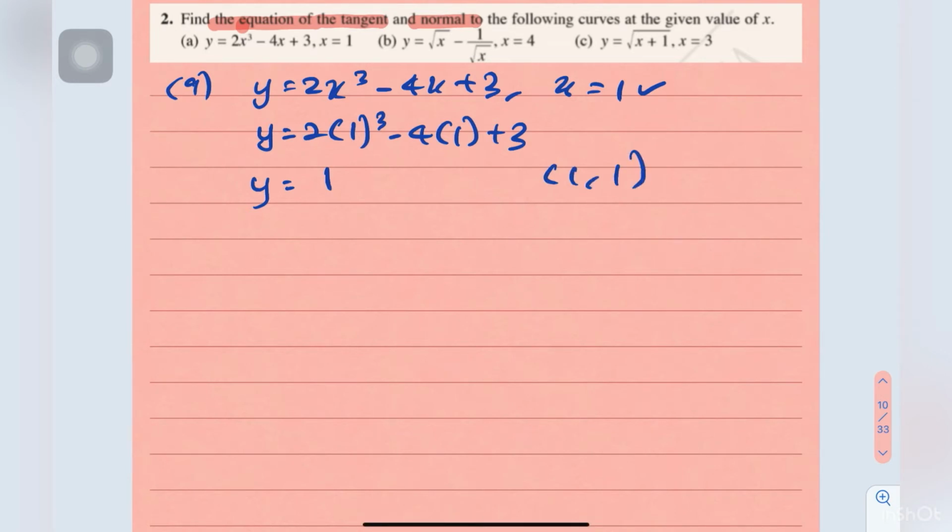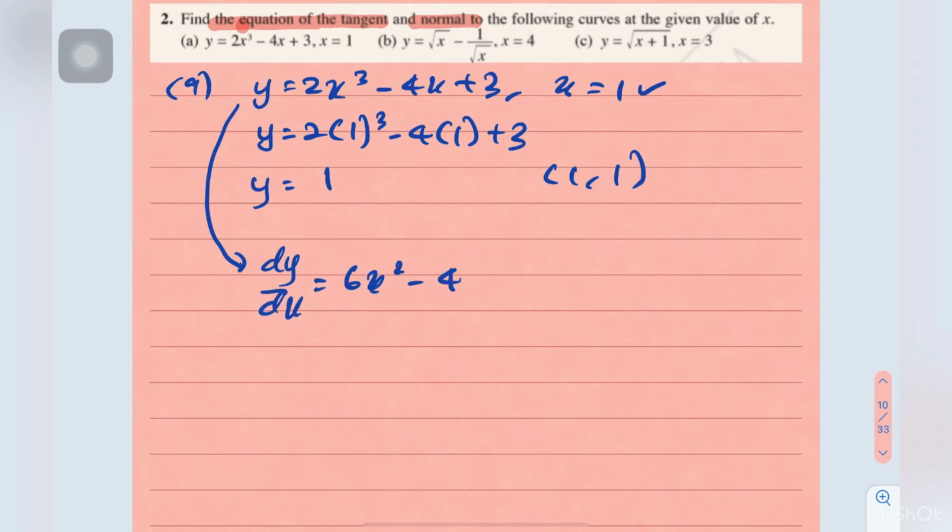Then to find equation of tangent, you have to find the gradient of tangent first. Gradient of tangent is dy/dx. So dy/dx is 6x squared minus 4. Substitute x is 1: 6 times 1 squared minus 4, dy/dx is 2. Then equation of tangent, y equals to mx plus c.